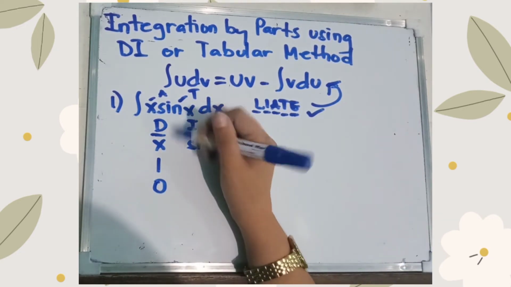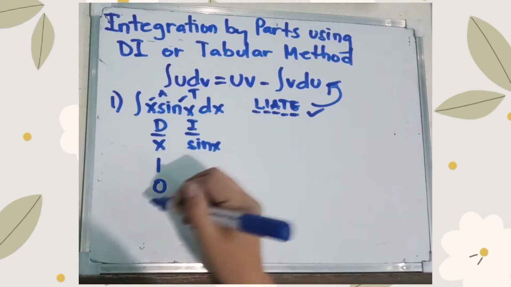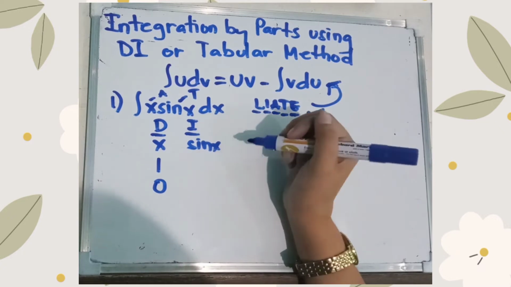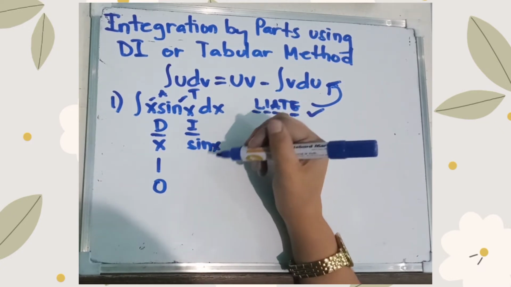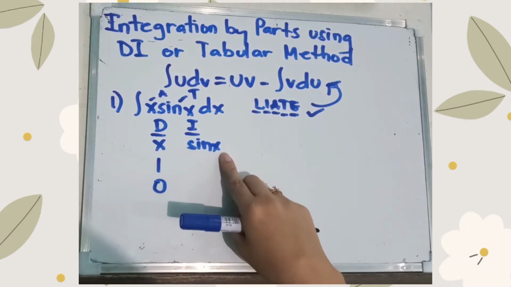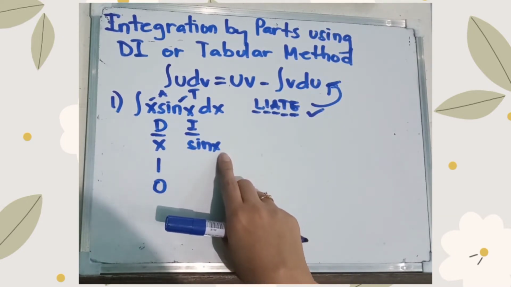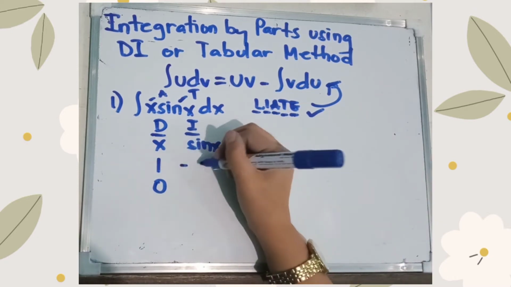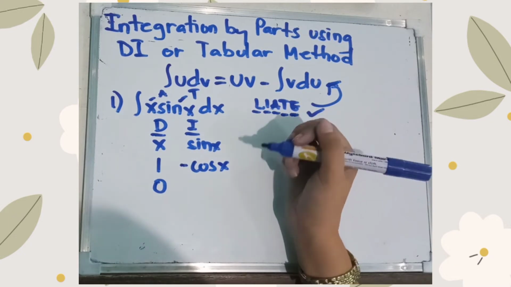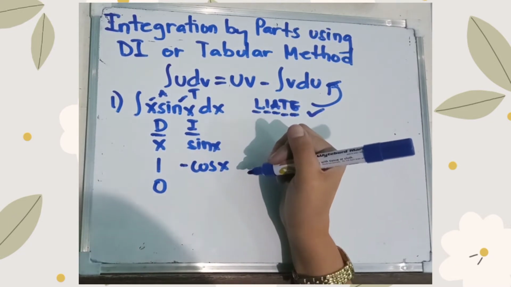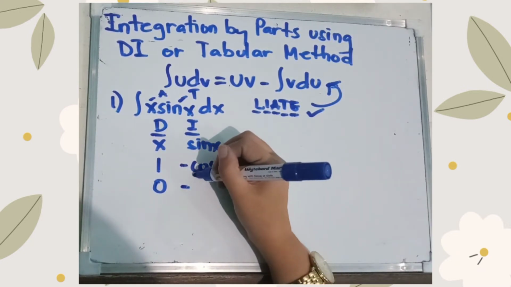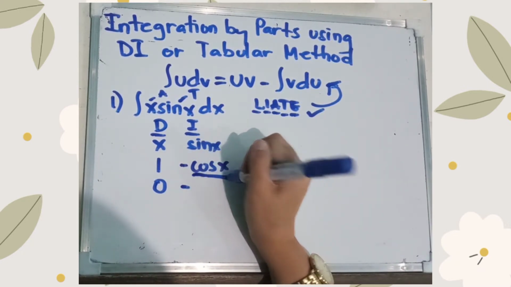Since the D column has 3 rows, we'll do the same for the I column, so we will integrate this function 2 times. The integral of sine x, we have a formula for that, is negative cosine x. After that, integrate once more: just copy the negative sign and look for the integral of cosine x.